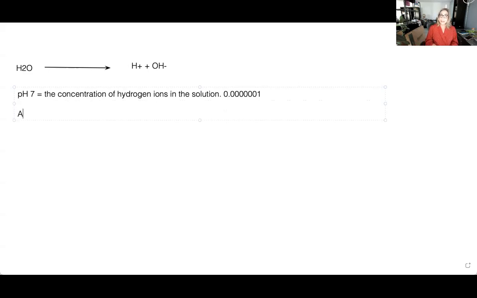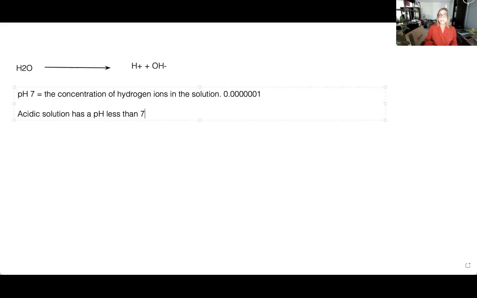Now, acidic solutions. Remember a solution means there's a solute and a solvent. The solvent, water, our universal solvent, is what the solute is dissolved in. An acidic solution has a pH less than 7. I'm going to show you the pH scale in a minute, but that means that 6, 5, 4, 3, all of those are more acidic.